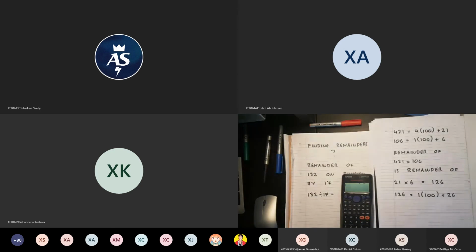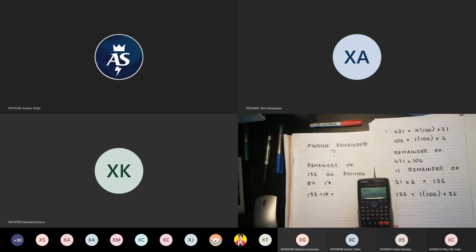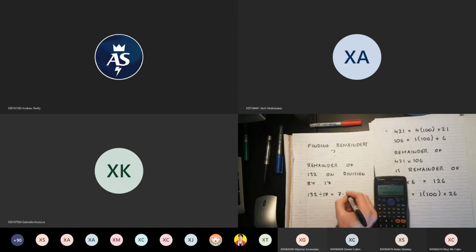So if I take 132 and divide that by 17, my calculator gives a fraction, but if I hit the decimal button, I see that it goes in about 7 times, 7 point something, and I always round down. I don't care about any of that remainder, so I'm just going to ignore all of this.